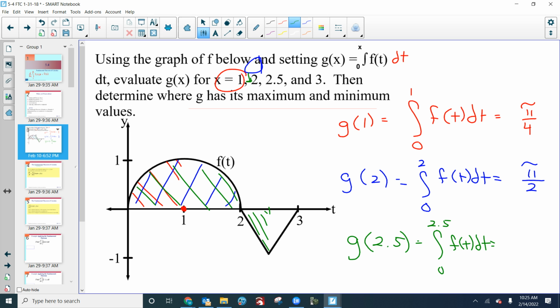So we have to take pi over 2 and subtract that little triangle area, right? If this is 2 and this is 2.5, what's the whole base of that triangle? Good, a half. What's half the base? A fourth. Times the height, 1. So we're subtracting what area? 1/4.